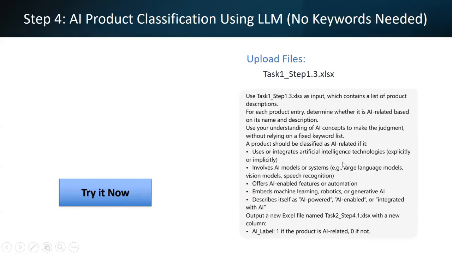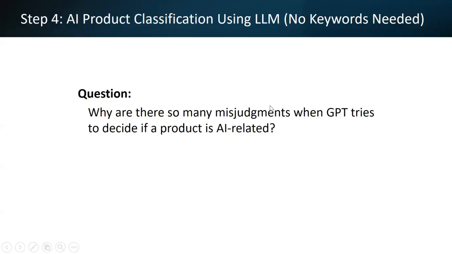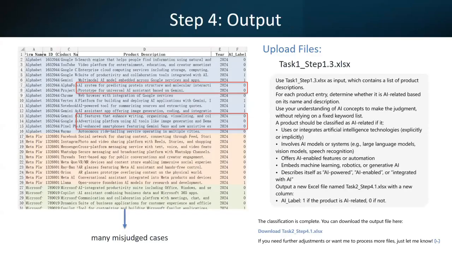Make sure your prompt is clear, and input the files and ask GPT to tell you whether it's an AI product or not. But when you try it, the results are so bad. Keyword search is stable.